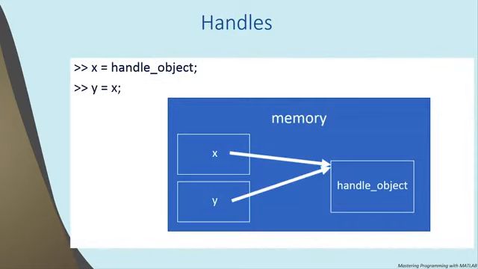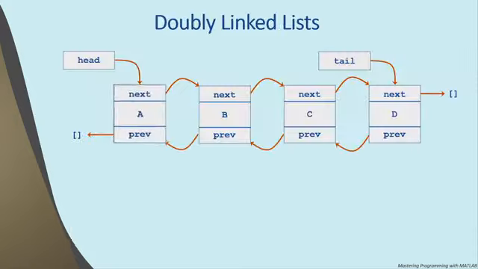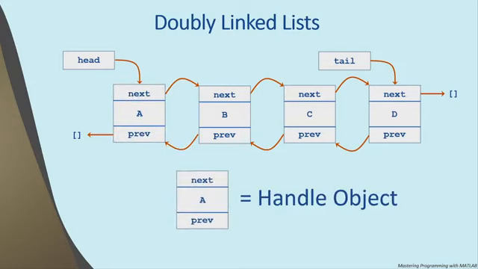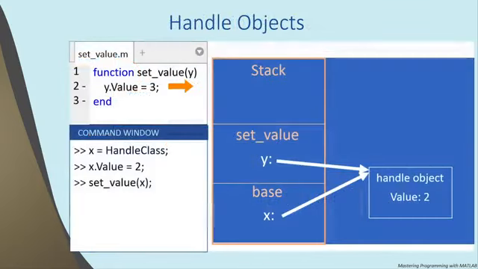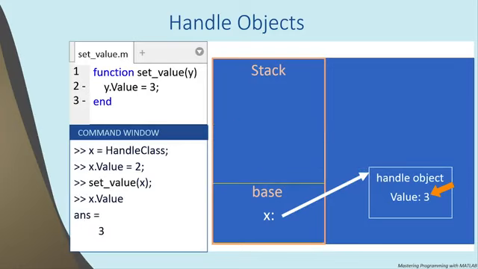And that one seemingly small feature gives handles great power, including the power to implement a doubly linked list. And we also learned that when a handle is passed as an argument to a function, that function can reach out and make changes to objects that are accessible by the caller, a potentially disruptive superpower that we must use very carefully.